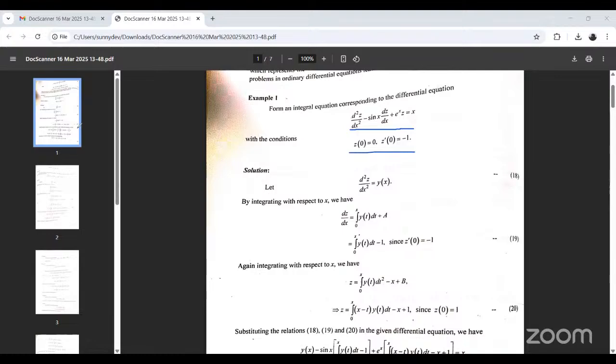See this one, that means z equal to 0 when x equal to 0, and z dash of 0 means dz by dx equal to -1 when x equal to 0.